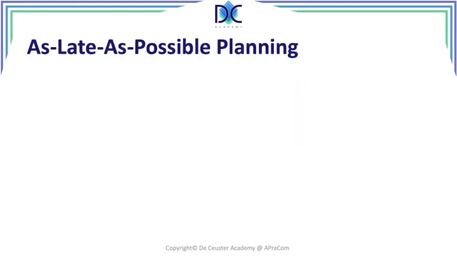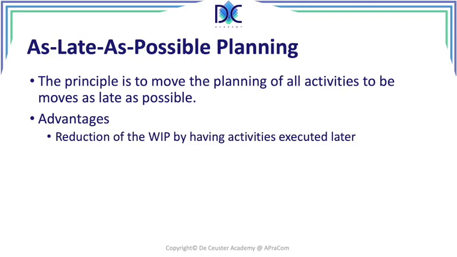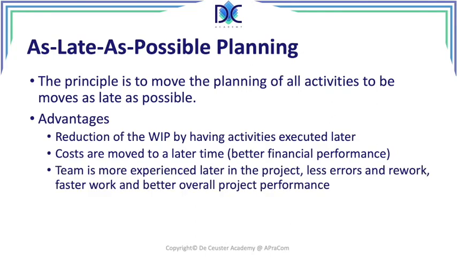As late as possible planning is another way, is to move the planning of the activities as late as possible. There are some advantages to this. We reduce the work in progress because the activities are executed later. Costs are moved to a later time, a better financial performance. The team is more experienced later in the project.